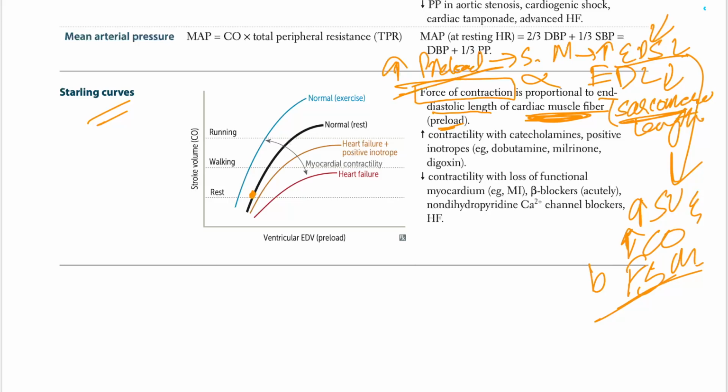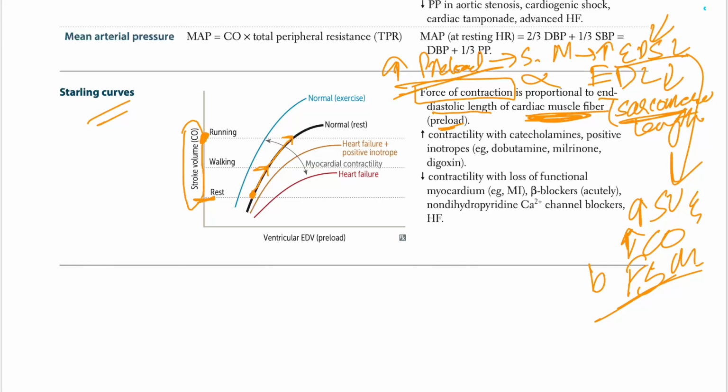Your stroke volume and the cardiac output right here is at this level. But as soon as you increase the preload a little bit by walking or a lot more by running, you have increased your stroke volume and increased cardiac output.